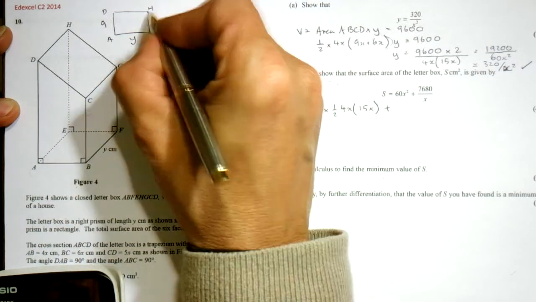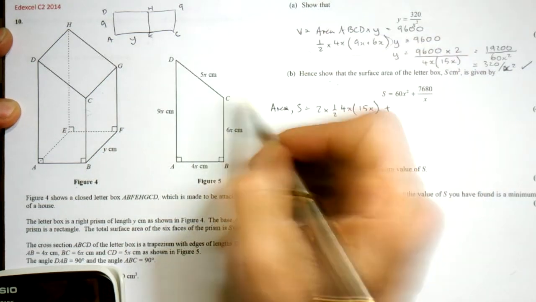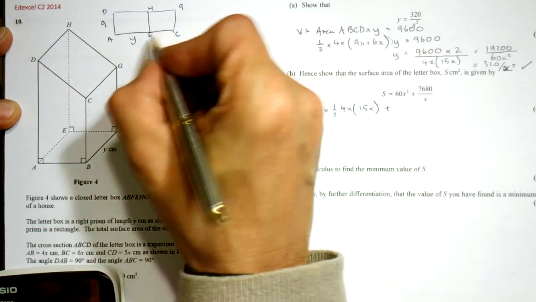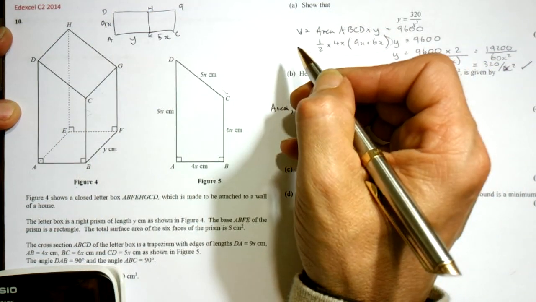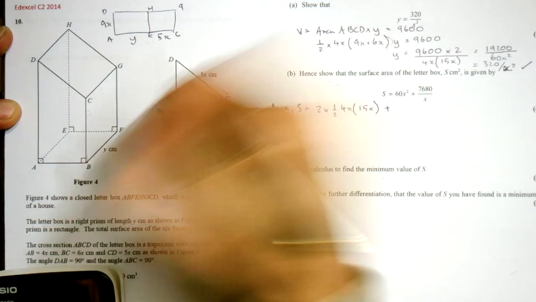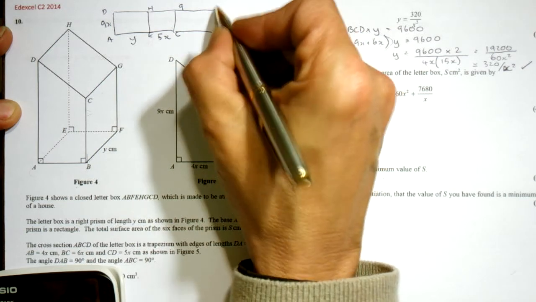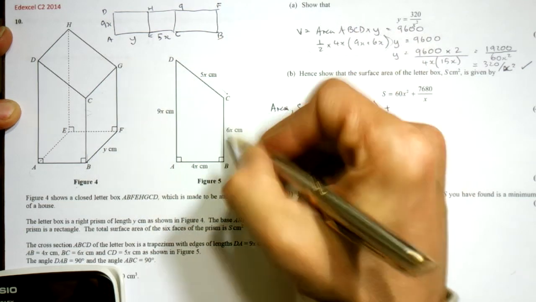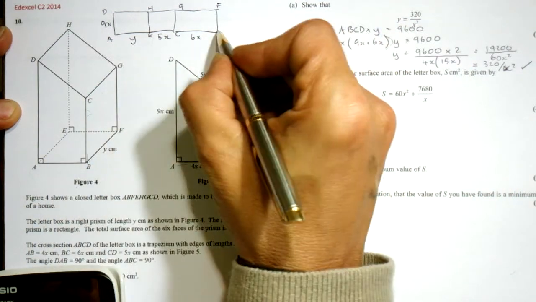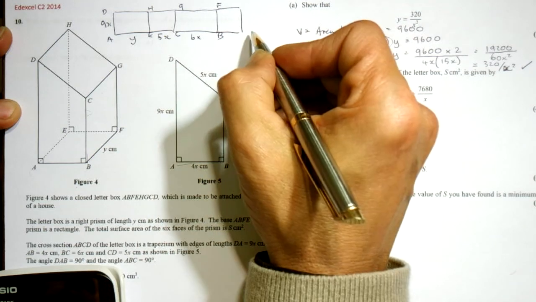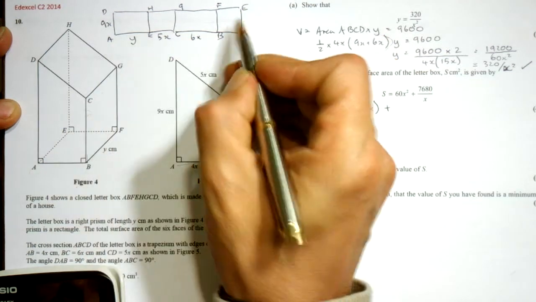Then we got this bit, which is HGC. And that's the slanty bit. So this is 5x. That was 9x. Then we got the 6x for that part, which is FB, and then we've got the 4x bit, which is the bottom. B goes to A and F goes to E, so we get a rectangle.